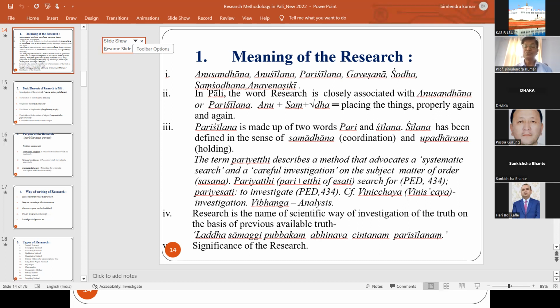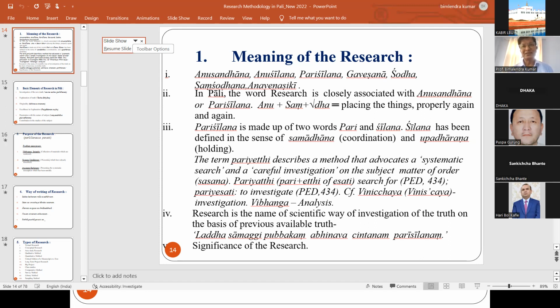Now there is a question: what is that seal? It has been said in the text by Acharya Buddha Ghosh that sealan is in the sense of samadhan and upadharana. There are two terms given in our Visuddhi Magga related with Silana. That is Samadhan, coordination, and Upadharana, that is holding.